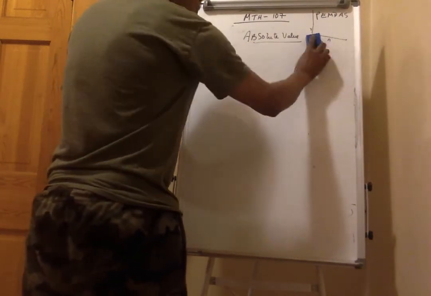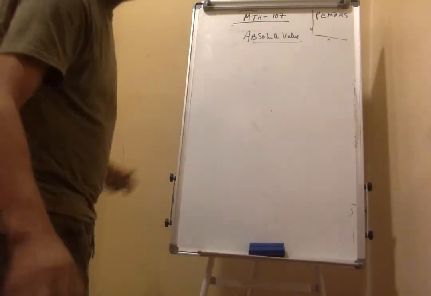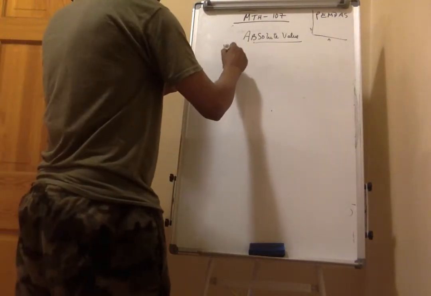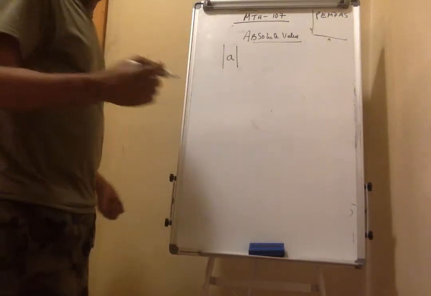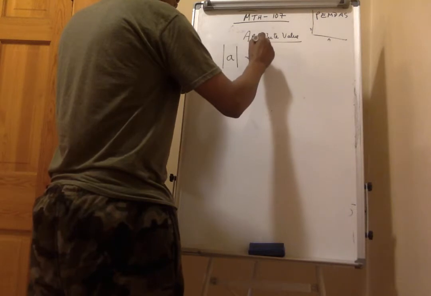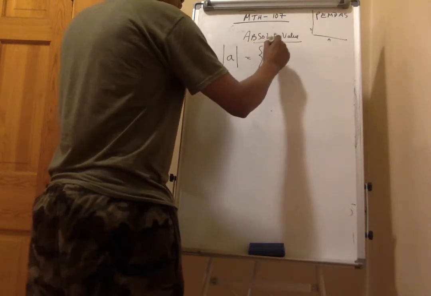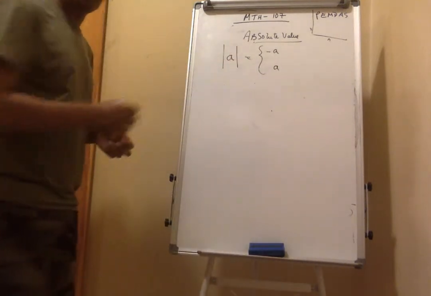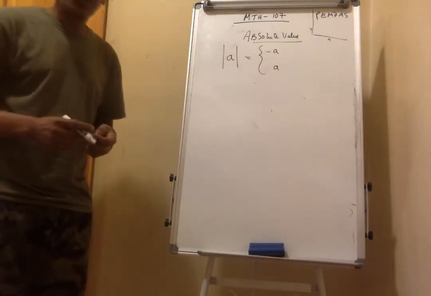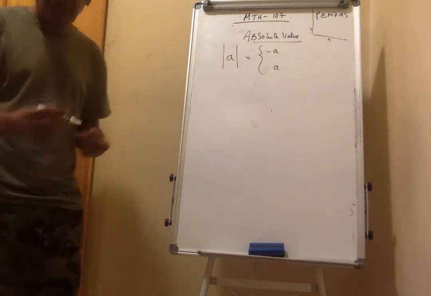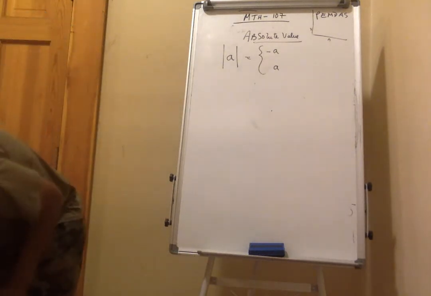So what we can draw from this is that the absolute value of A, if we plug in negative A or A, we get the same outcome. For two different signs of the same value, we're going to get the same outcome. Okay.